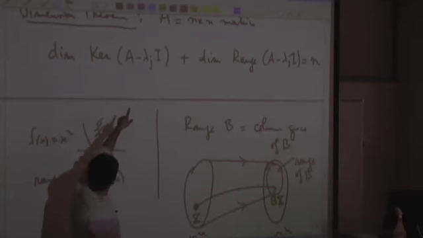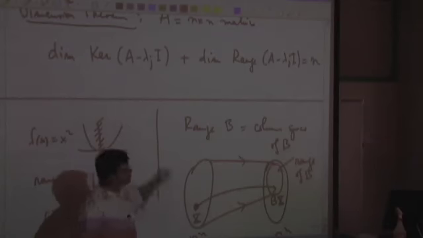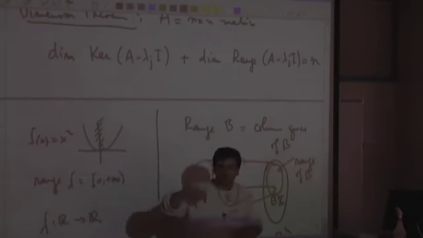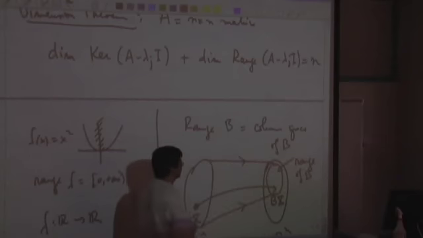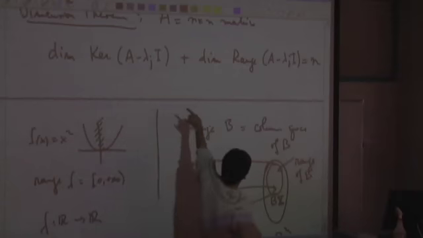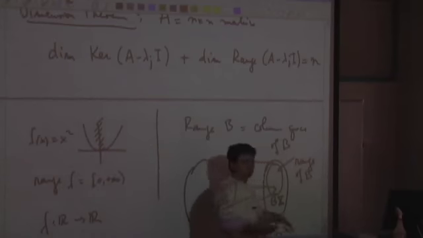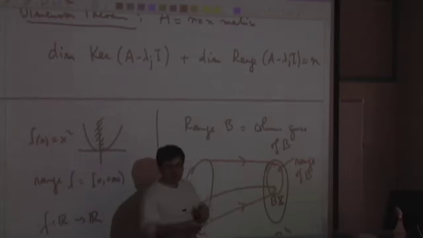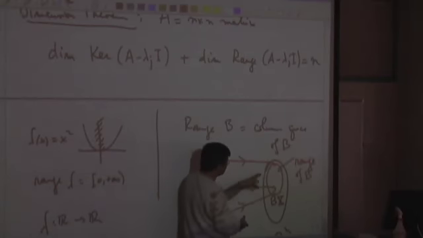So if lambda is an eigenvalue, we know that that kernel has at least one eigenvector, correct? So you see that the range is always at most n minus 1. If there's only one linearly independent eigenvector, then the range is n minus 1 dimensional. If there are two linearly independent eigenvectors, then the range is dimension n minus 2, and so forth. So it's like a complementary, right?